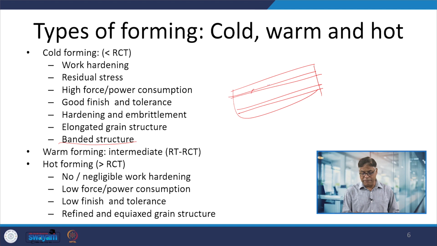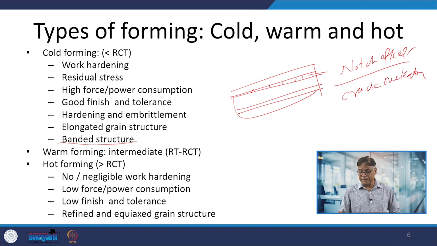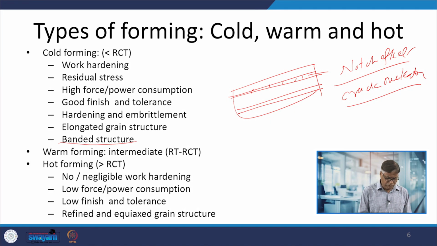Whenever these bands are present, this promotes the notch effect, and the notch effect leads to an increased crack nucleation tendency, and once the crack nucleates, it starts propagating. So, this is another effect of forming in the metal.